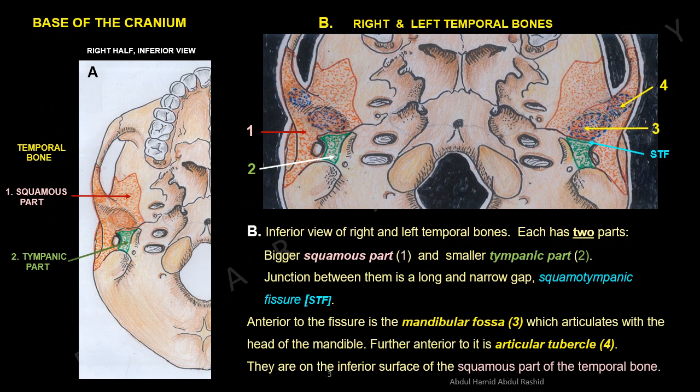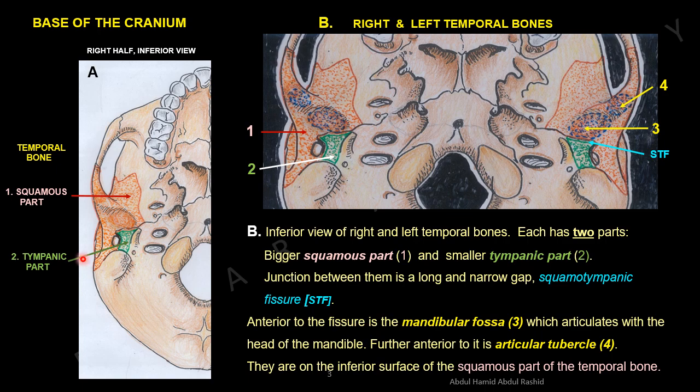Base of the cranium. In this slide, we have two diagrams, diagram A and diagram B. Diagram A is the inferior view of the right half of the cranium. Here you will see many bones forming the base of the cranium, but we are going to concentrate on only one bone, called the temporal bone.